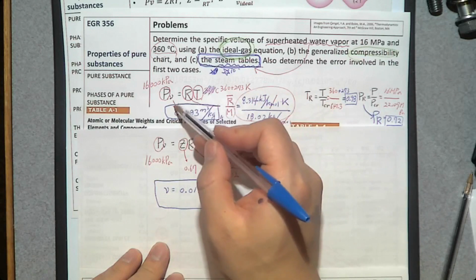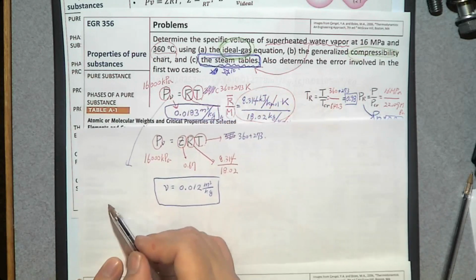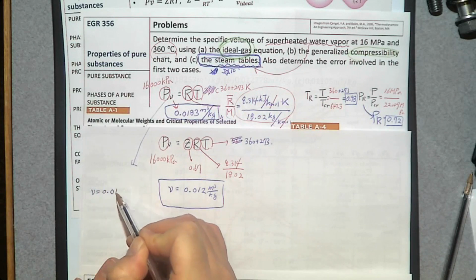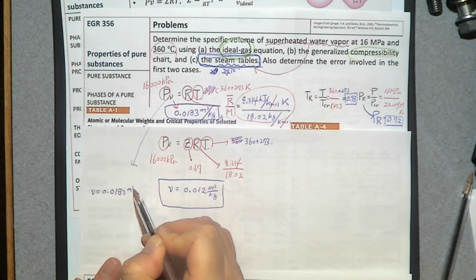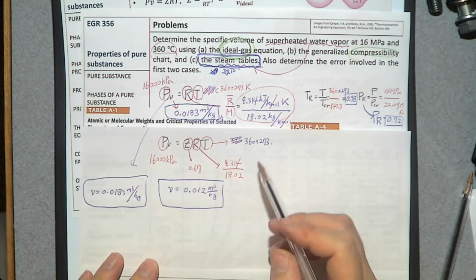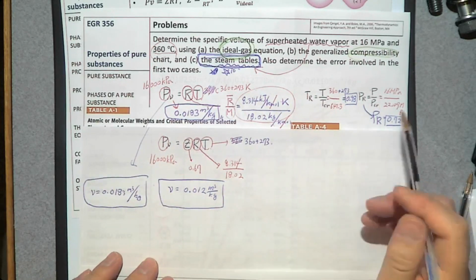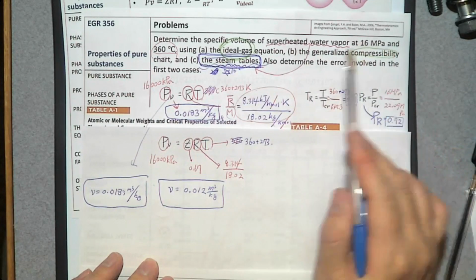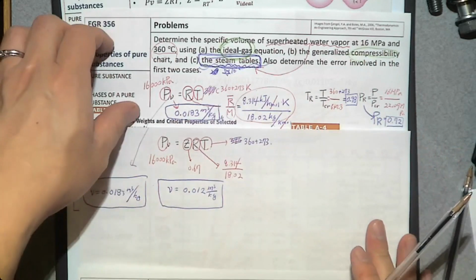And if we use the ideal gas equation, it was 0.0183 cubic meters per kilogram. Now let's determine the exact value by using the steam table at 16 megapascal and 360 degrees Celsius.